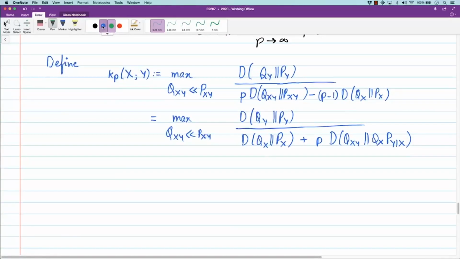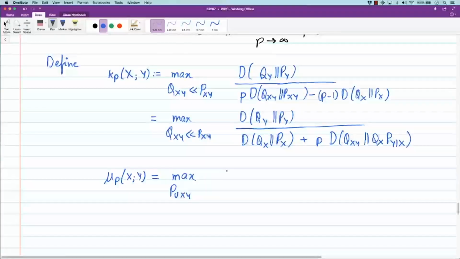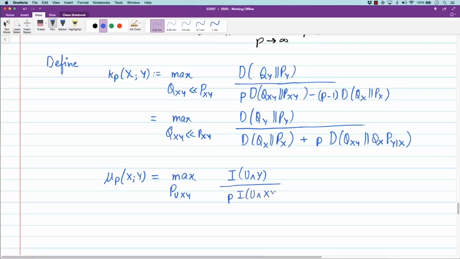Similarly, we can define mu for mutual information, p xy, as the max over all joint distributions puxy, not necessarily the ones having this Markov relation, of the output mutual information divided by p times the joint mutual information minus (p minus 1) times IUX.